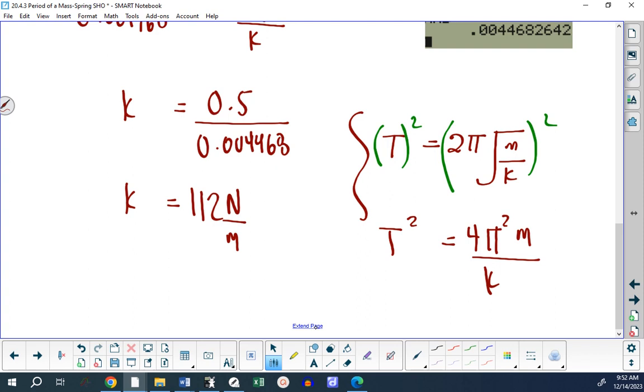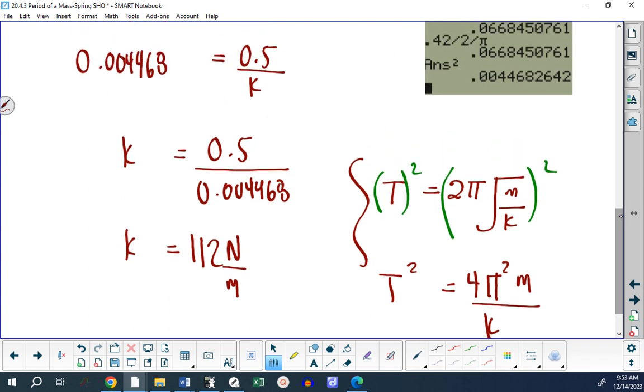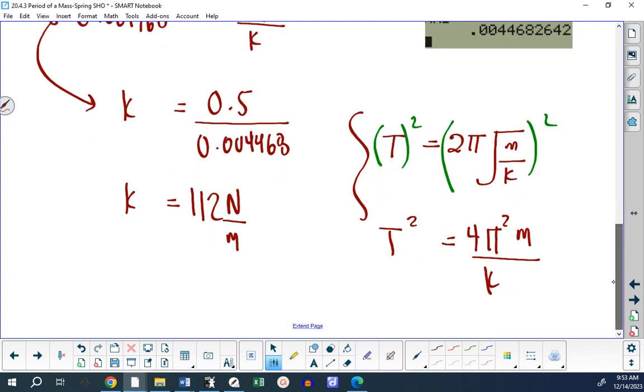I've squared the 2, which gives me 4. I've squared the pi, which gives me pi squared. And I've squared the square root, which just eliminates the square root, so I'm left with m divided by k. When I said everybody should be able to rearrange this to get to there, the same thing is true here. You should be able to rearrange and get k equals 4 pi squared m over t squared. A lot simpler. Well, I think.